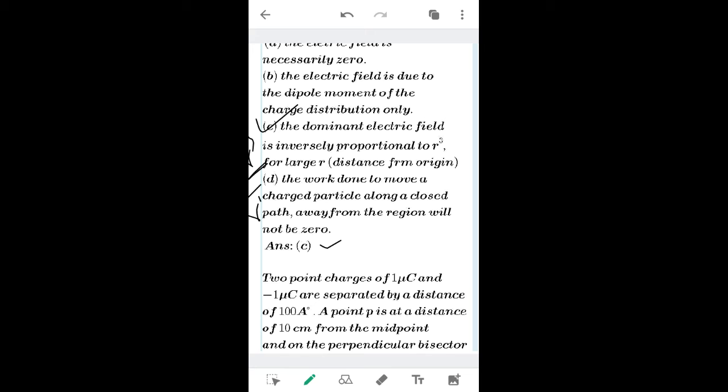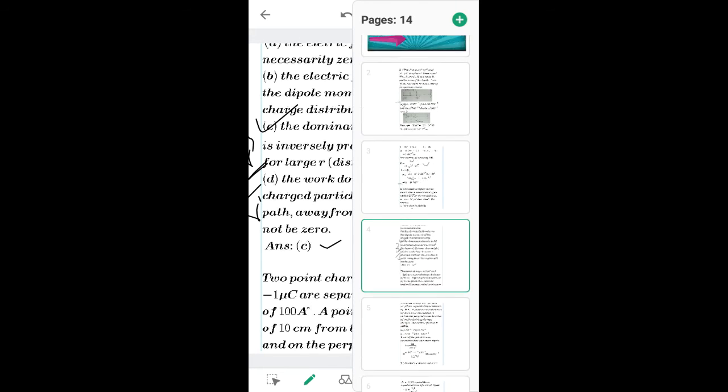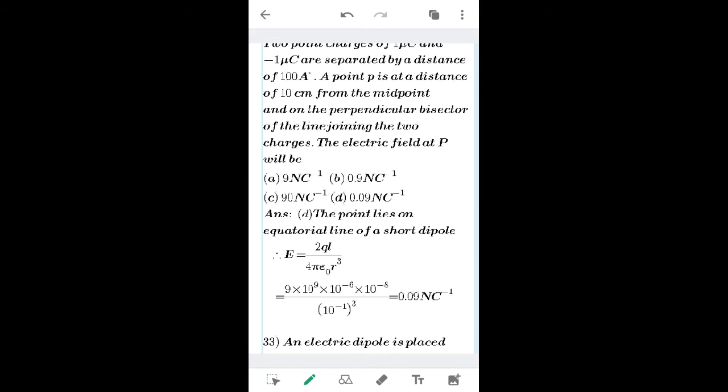Two point charges plus 1 microcoulomb and minus 1 microcoulomb are separated by a distance of 100 Angstrom. A point P is at a distance of 10 centimeter from the midpoint and on the perpendicular bisector of the line joining the two charges.